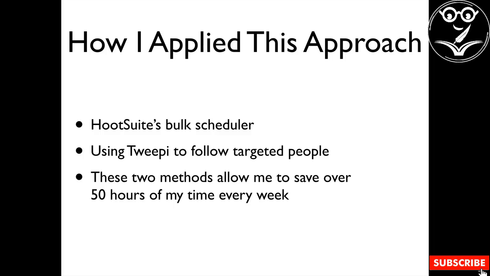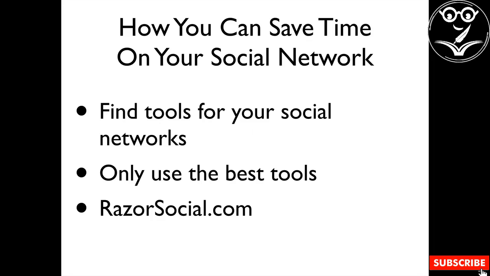So basically, I get 2 extra days into my schedule because I'm saving all of this time, and now this time goes into me creating products like this Udemy course. It goes into me writing blog posts that I put on my blog 3 times a week, over 1,000 words each. So by saving all of this time, I'm able to allocate it to other parts of my business that are necessary for the social media marketing to go well.